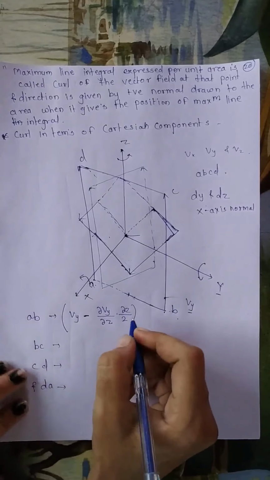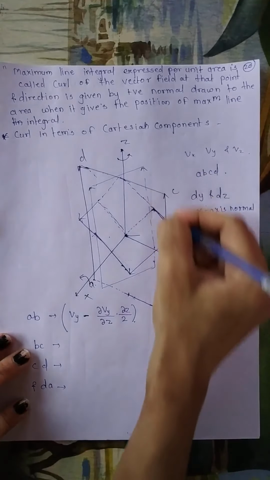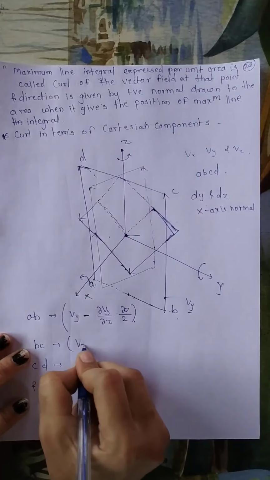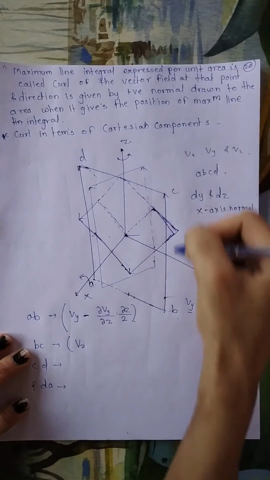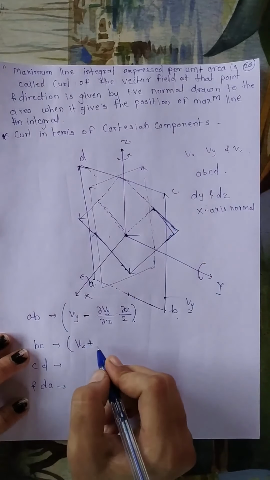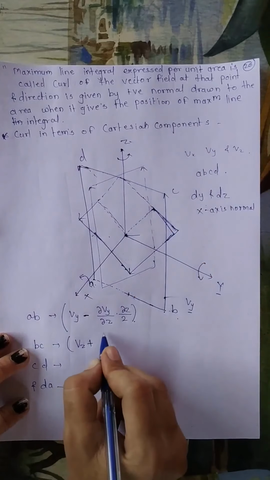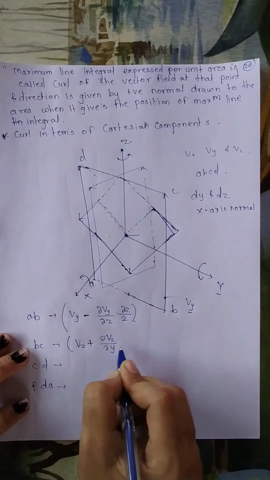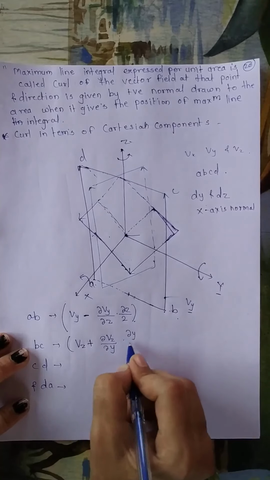For side BC, this side is along z, therefore it is taken as Vz, and it is along the positive direction of z, therefore here we will have a positive sign, and this will be dou Vz upon dou y into dou y by 2.